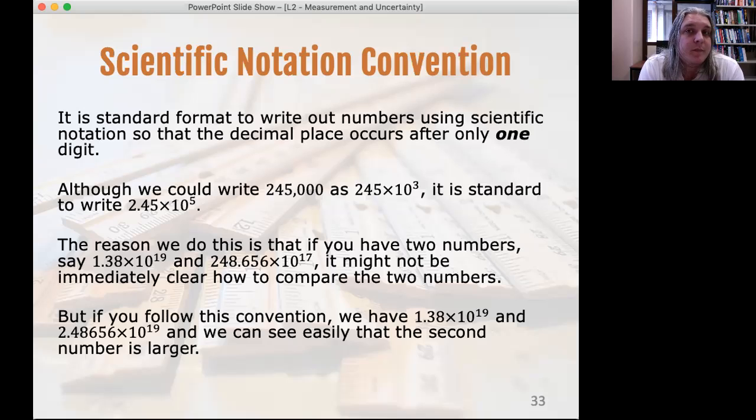But if you use the convention, it's really clear because you have 1.38 times 10 to the 19 and 2.48 times 10 to the 19, or 49 if I'm rounding to 2 dp. We can easily see that the second number is larger. Whereas if you look just at those first two numbers, that might not be as clear because one is times 10 to the 19 and one is times 10 to the 17. And so they might feel like they're different valued numbers, but in reality, the second one is slightly larger.